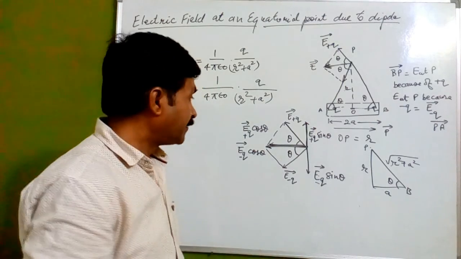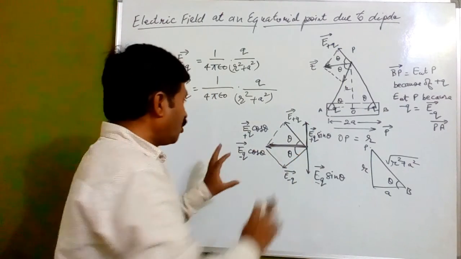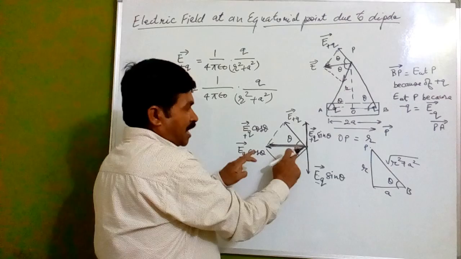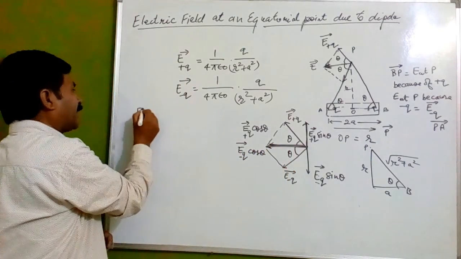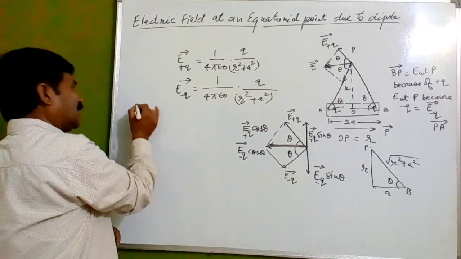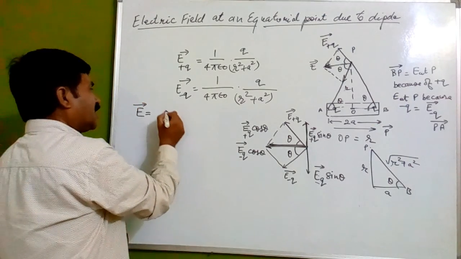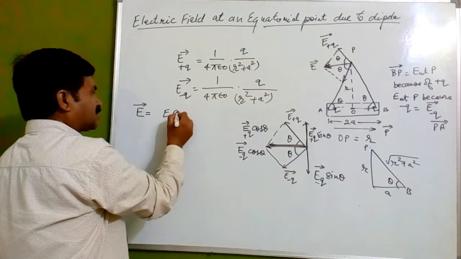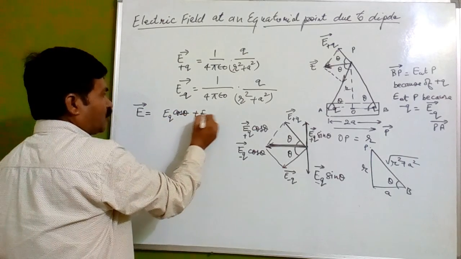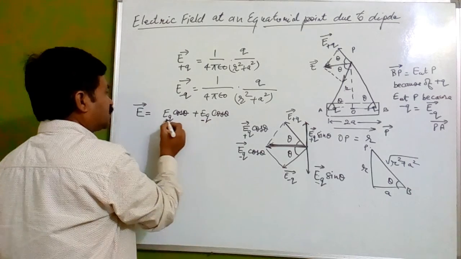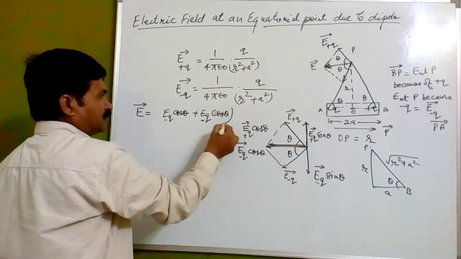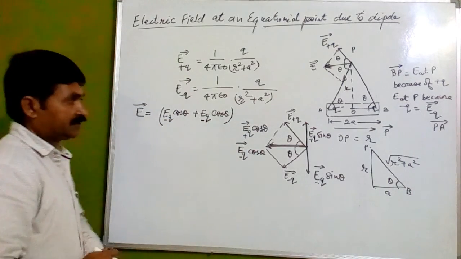So ultimately only these two components give us the electric field. The total electric field is E_Q cos theta plus E_Q cos theta, since both are acting in the same direction, so we have added them.